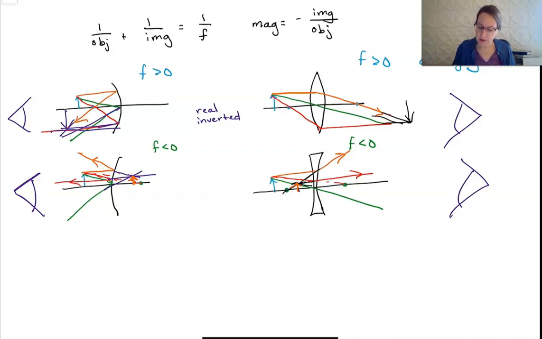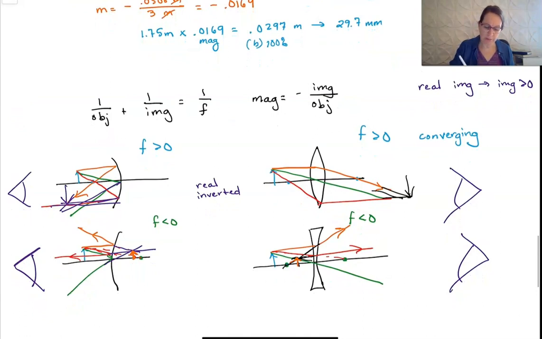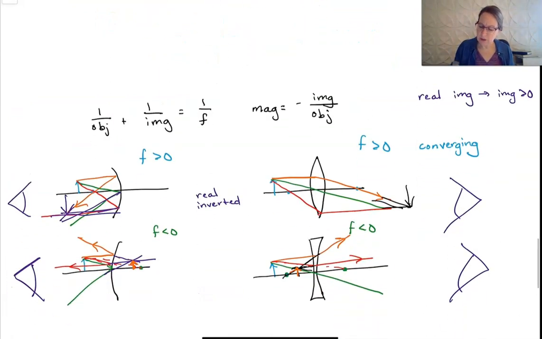So a real image means that the image distance is greater than 0. Sorry, that's hidden behind everything. And which means that it's going to be inverted, because I have a positive value here, a positive value here, and a magnification of -1.